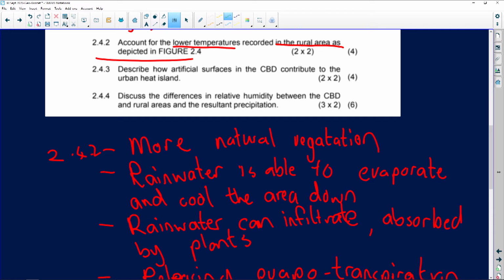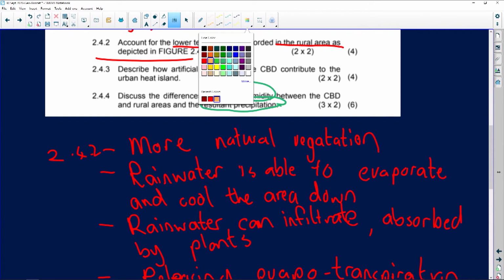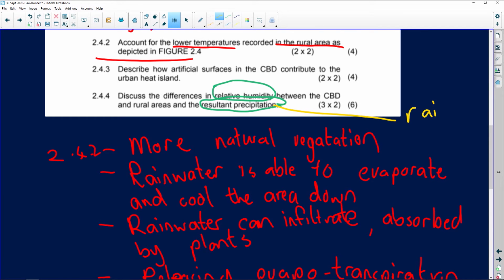Now, I want to focus on a couple of things. Relative humidity. What does it mean? And resultant precipitation. First of all, if we look at the resultant precipitation, we're talking about rain. Relative humidity is the water vapor content in the air.